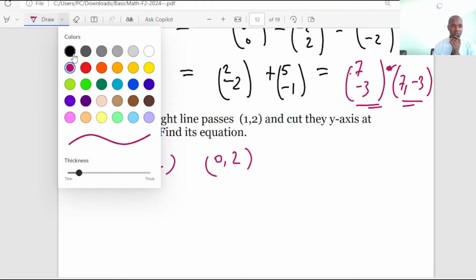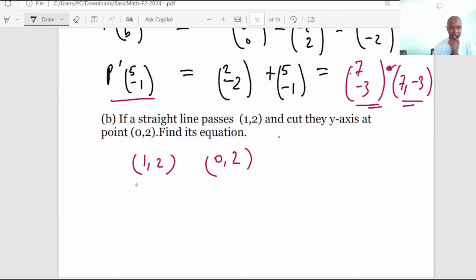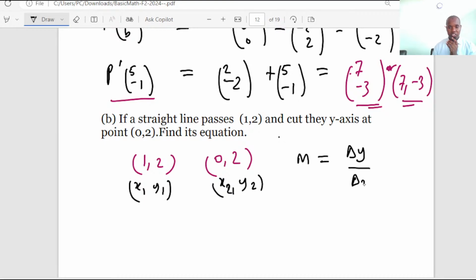We're going to assume this to be x1, y1, and this is going to be x2, y2. And so the slope, we know the slope m is change in y over change in x.